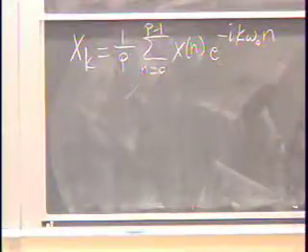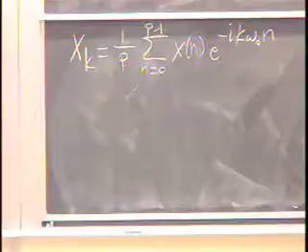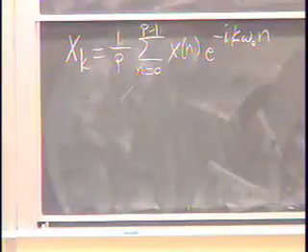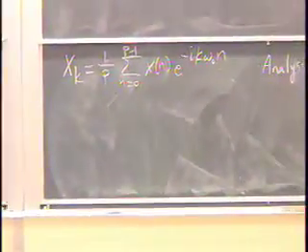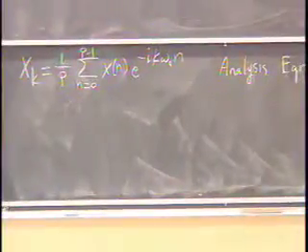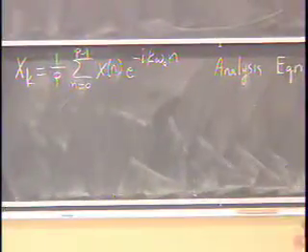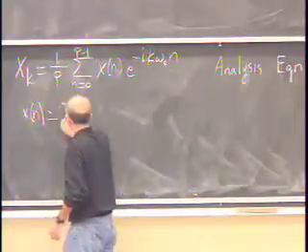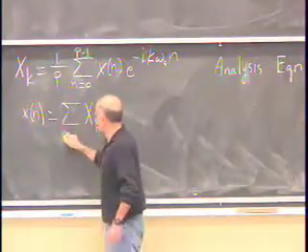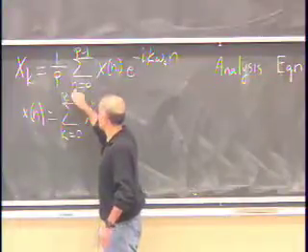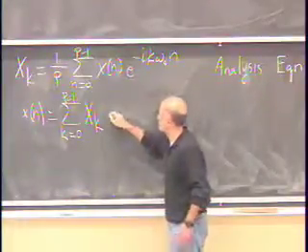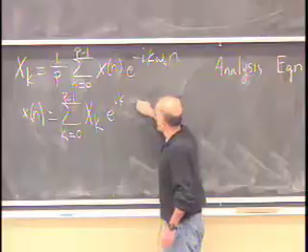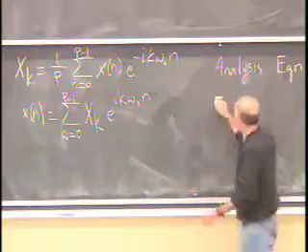This is called the analysis equation. So we've actually got our two equations. x[n] equals a linear combination, where that linear combination goes from 0 to p minus 1, of these complex exponentials: the synthesis equation.